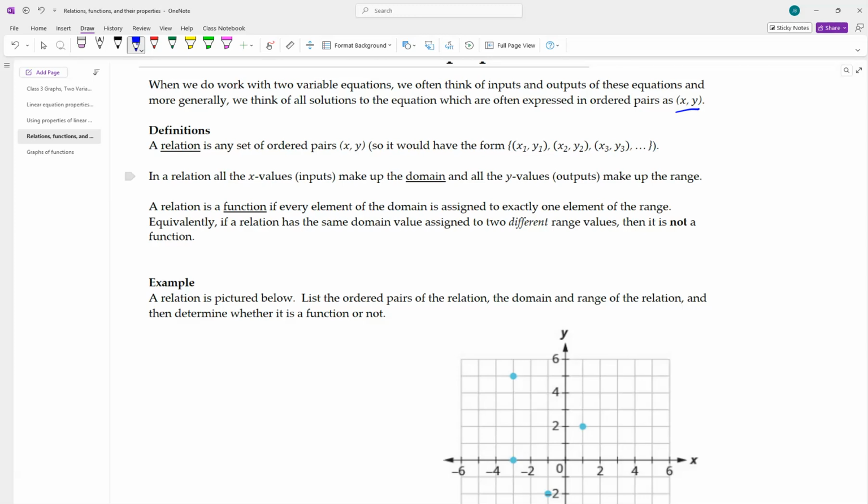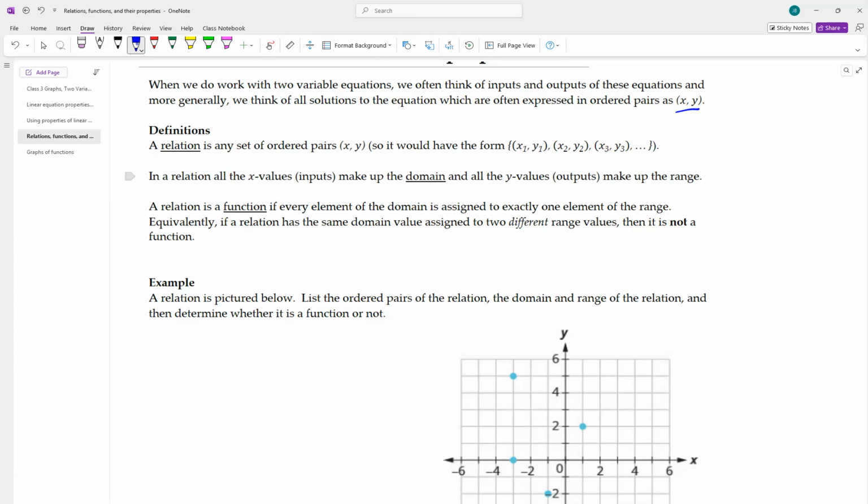One specific thing that we are going to see over and over and over is this concept of a function. A function is a specific type of relation, so you can have relations that are not functions. A function is where every domain element is assigned to exactly one range element, or similarly, every x has one y.